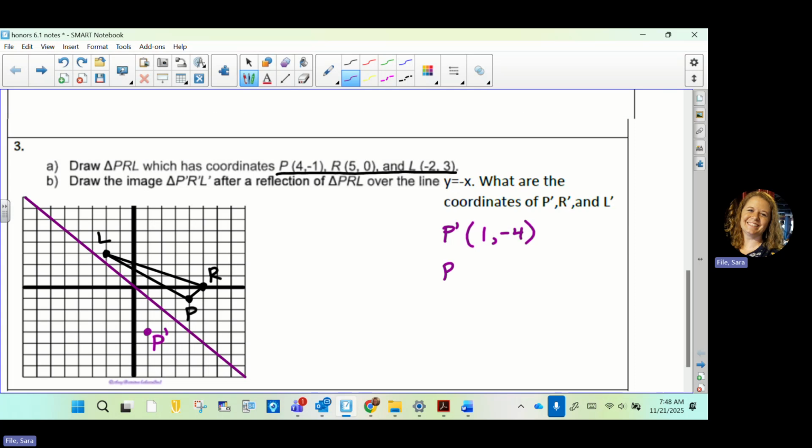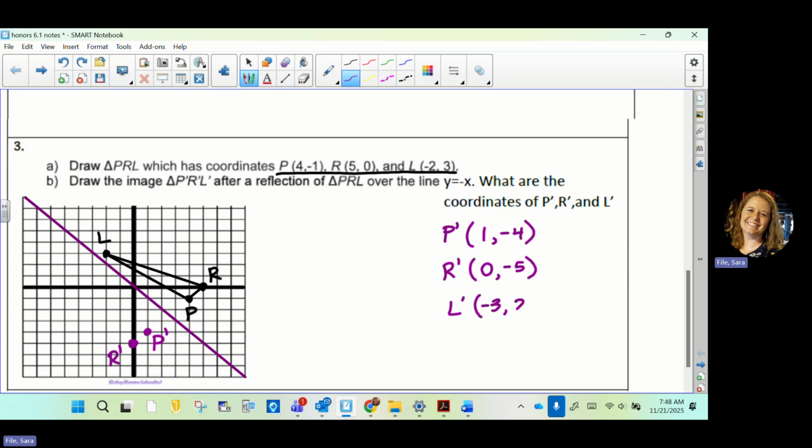Okay, now R prime, I'm going to take my 5, 0, I'm going to switch it and change the sign. 0 doesn't have a sign, so it's going to stay as 0. The 5 will become -5. So 0, -5 is my R prime. And then L, I'm going to switch the 2 and the 3. The 3 is going to become negative.